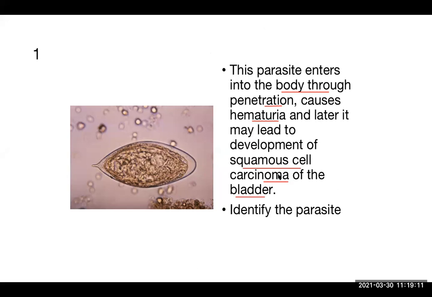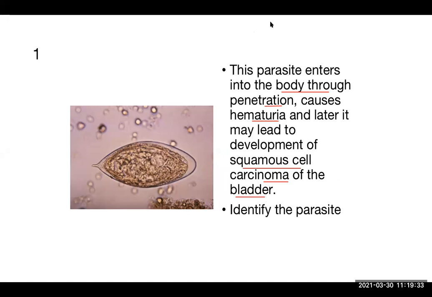Now, a little bit more information. The most common malignancy of the urinary bladder is transitional cell carcinoma, because the epithelium of the urinary bladder is transitional cell epithelium, and smoking is one of the most common causes for that. Remember this.